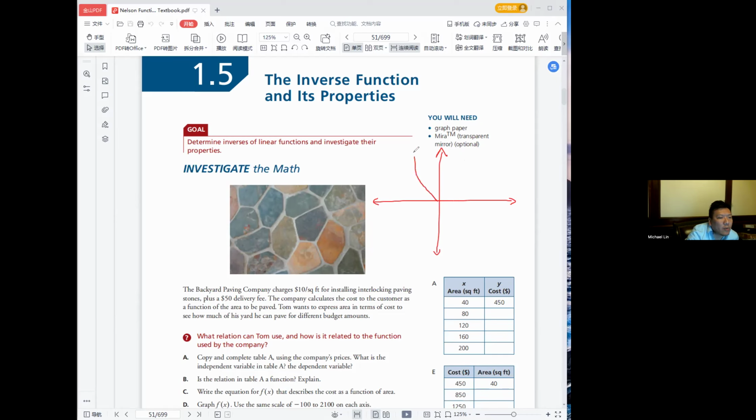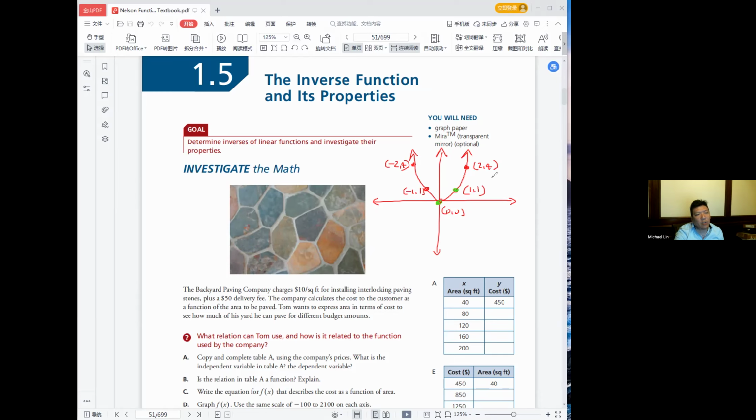So if we had a parabola, for example, where these points are 0, 0, 1, 1, 1, and 2, 4. If we flip all the x and y coordinates, then we still get 0, 0. We still get 1, 1.